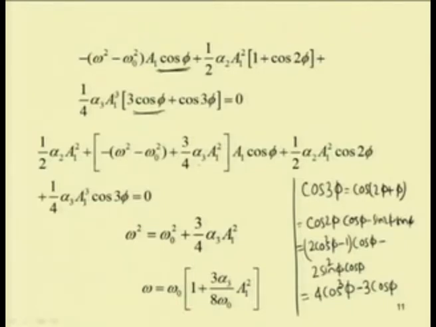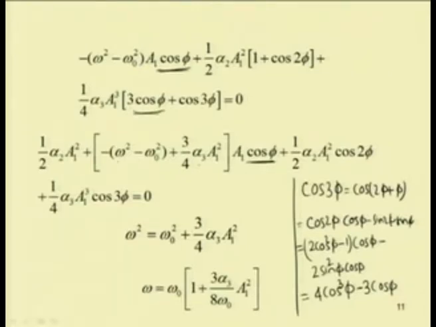Now we have to equate the coefficient of the harmonic cos phi to be 0. So we can write minus omega square minus omega 0 square plus 3 by 4 alpha 3 a 1 square equal to 0.